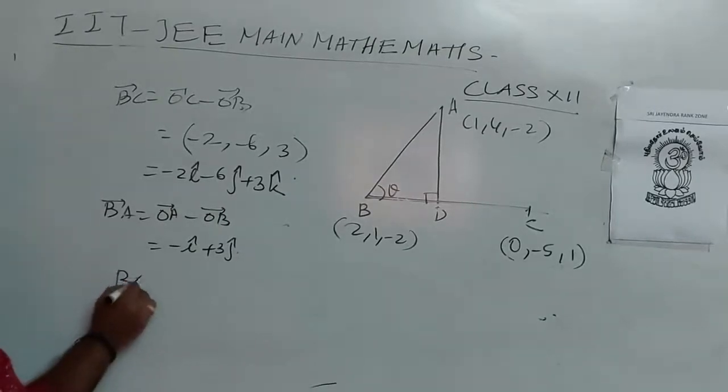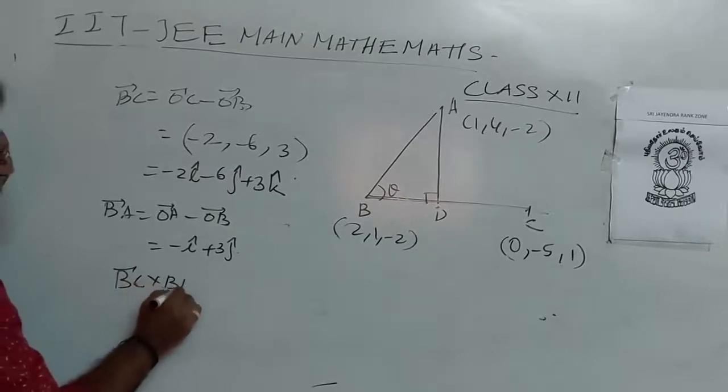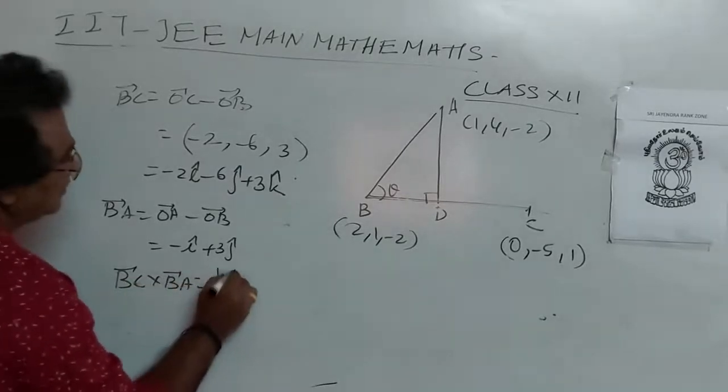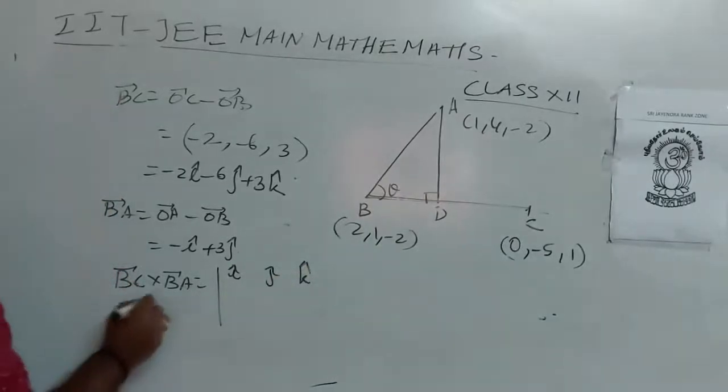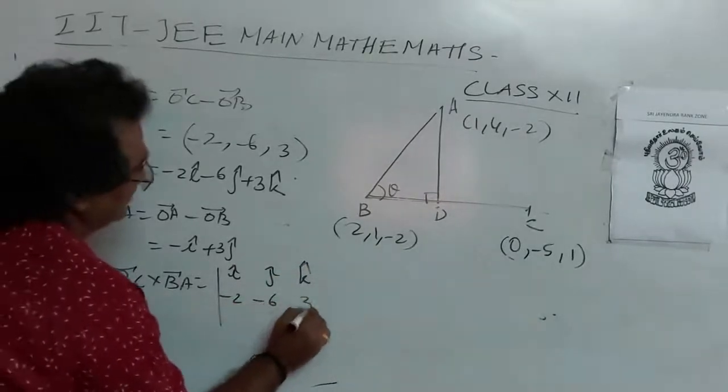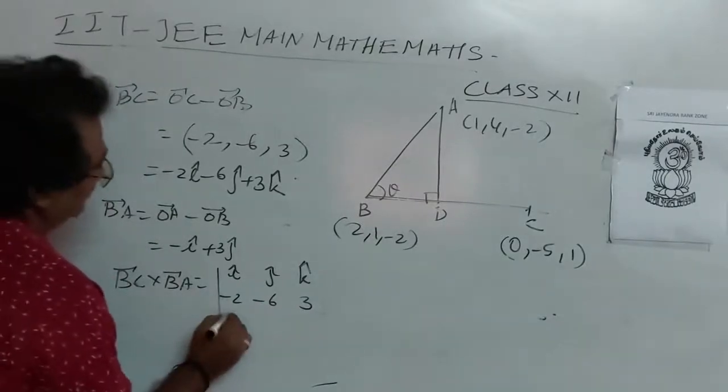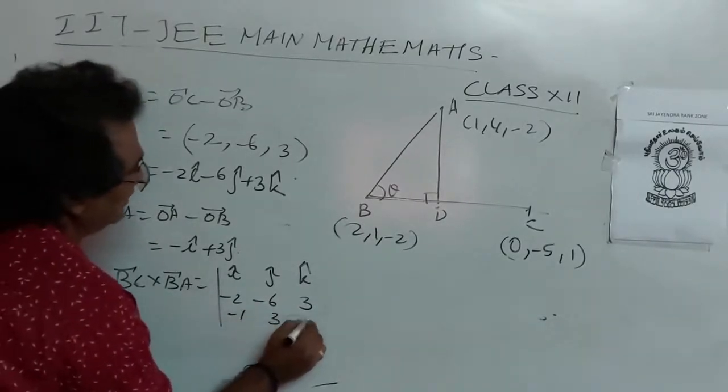So BC vector cross BA vector, i j k; BC vector is minus 2, minus 6, 3; BA vector is minus 1, 3, 0.